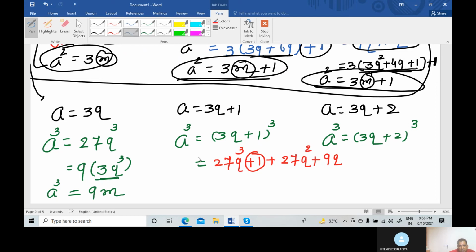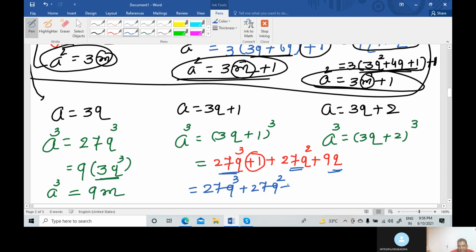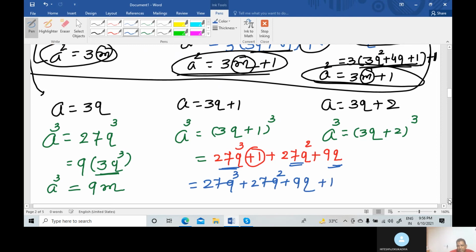Now take 9 common in the first three terms. Otherwise you can arrange it in one more step: 27q cube, 27q square and 9q, and last we write 1.